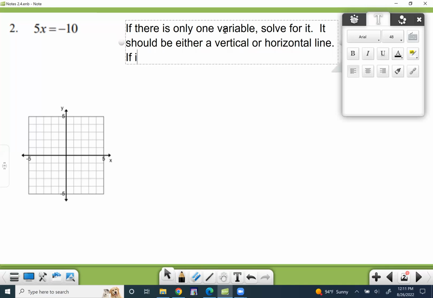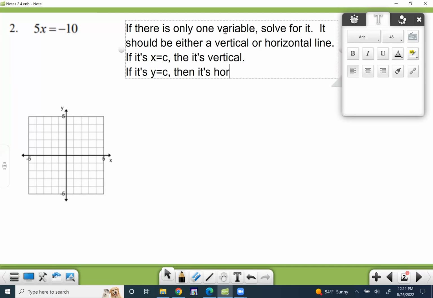If it's x equals some constant, then it's going to be vertical. If it's y equaling some constant, then it's horizontal.